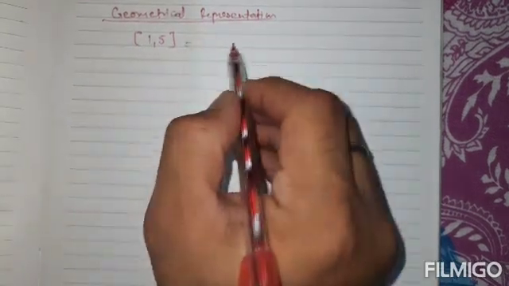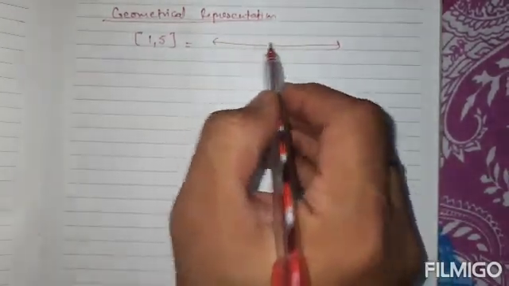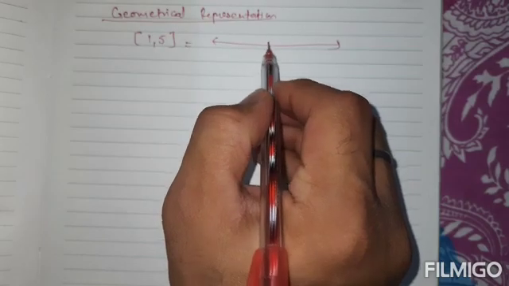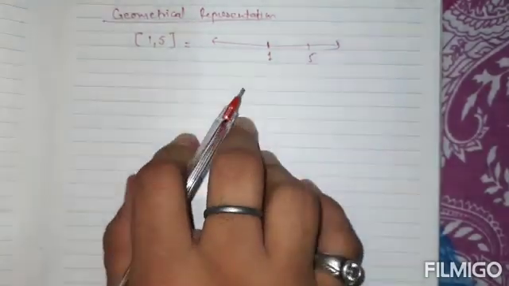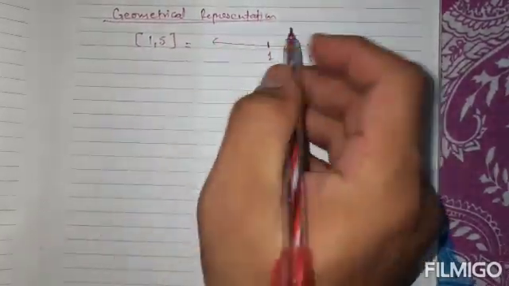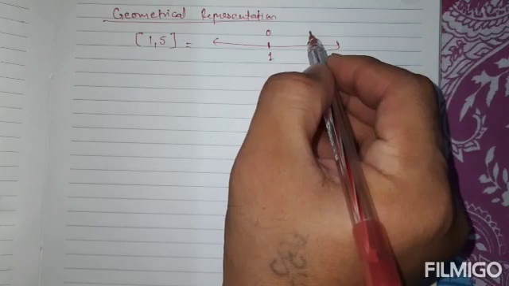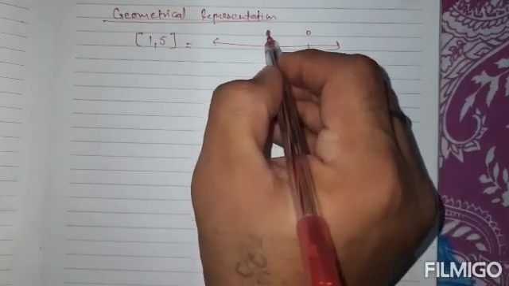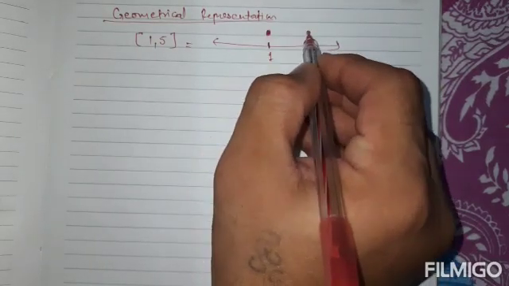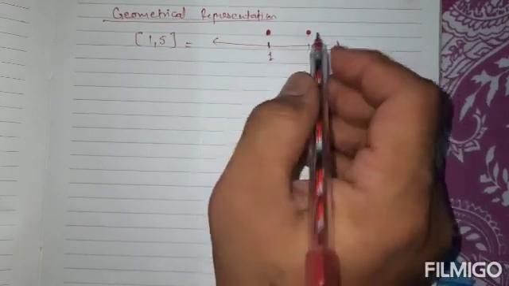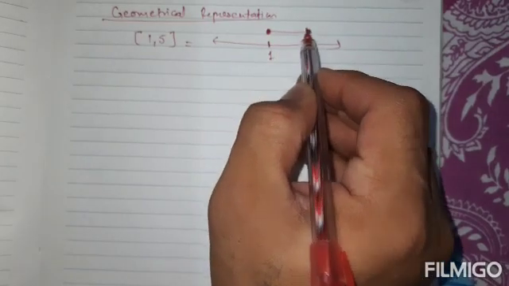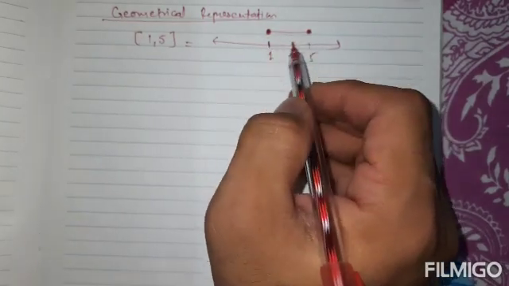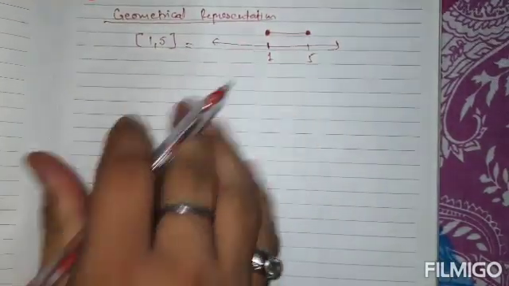Its geometrical representation is this one. You have to draw a number line. On this number line, somewhere there is 1 and somewhere there is 5. So how to represent this interval geometrically? We will make 2 dots over 1 and 5, and these dots should be closed dots. Closed dots imply that 1 and 5 are included, and draw a line between them. So this is the geometrical representation of the closed interval 1 and 5.